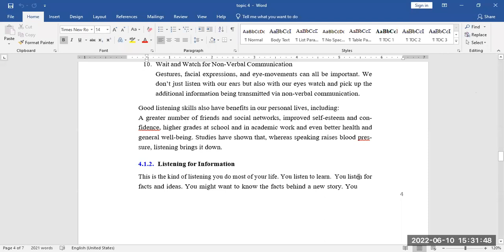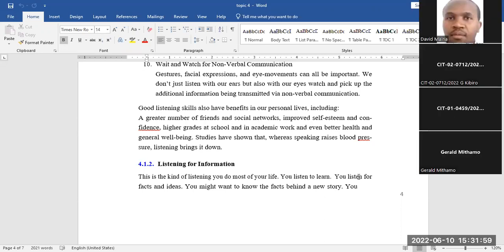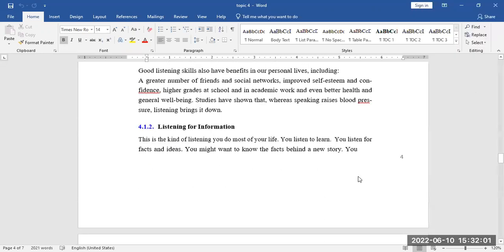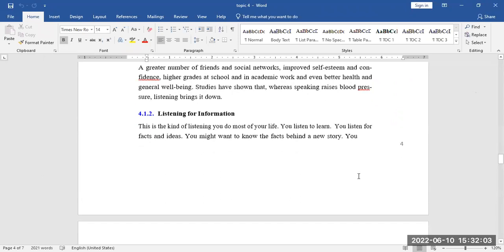Your blood pressure will go down. But when you talk about that issue, when you keep talking, it actually raises your blood pressure. But when you listen, it lowers your blood pressure. So listening for information, you're going to look at that.